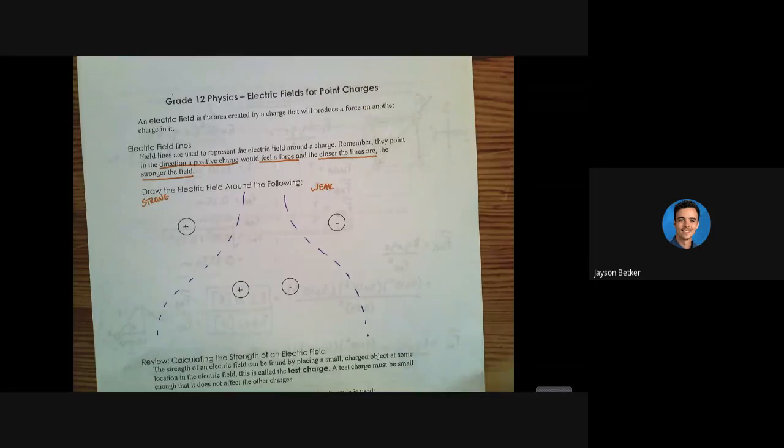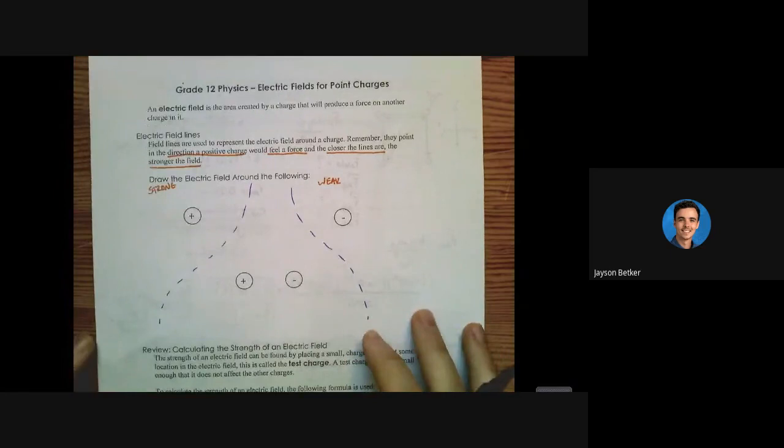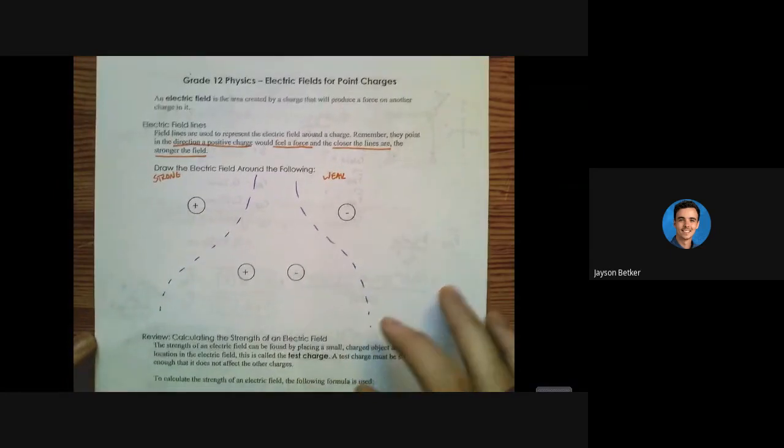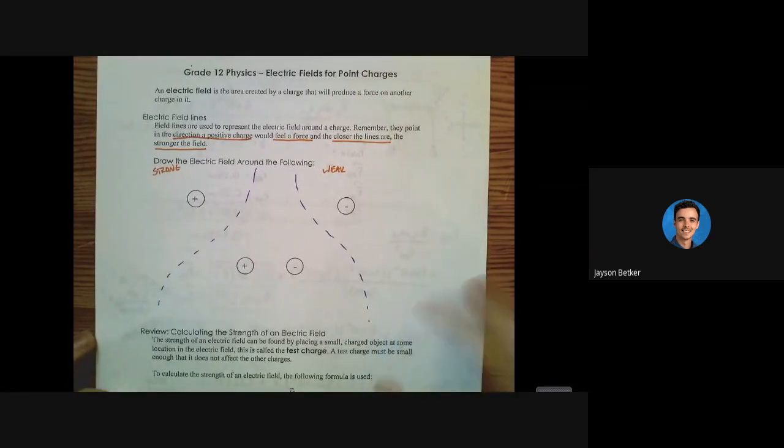Okay, so let's take a look at the top left. This is a strong electric field around a positive point charge, the positive test charge we would place in it. Sorry, my bad.